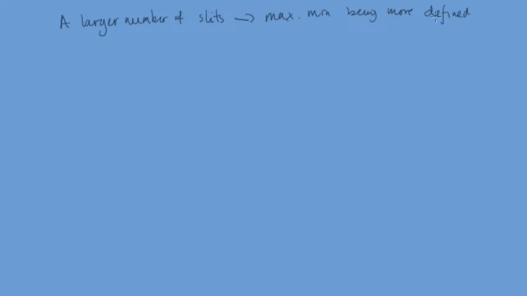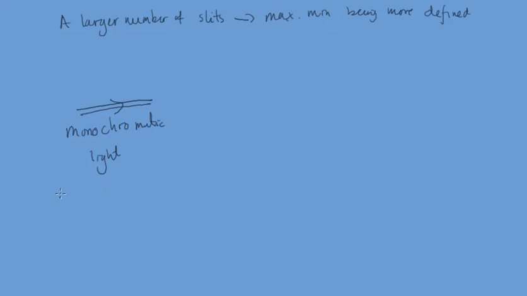So what we can do is we can actually have a grating. So you can bring in your beam of monochromatic light. Monochromatic, mono means single, chromatic is colour.